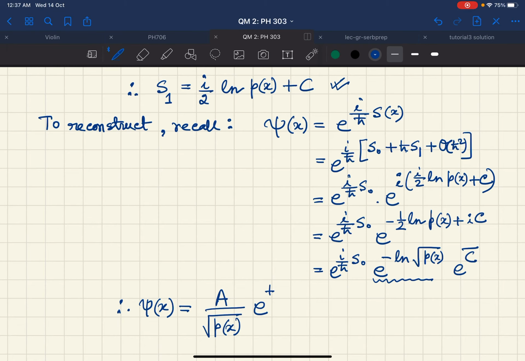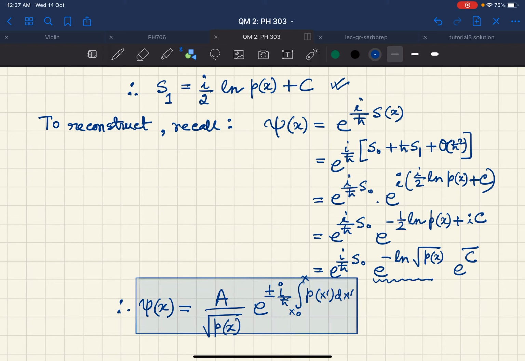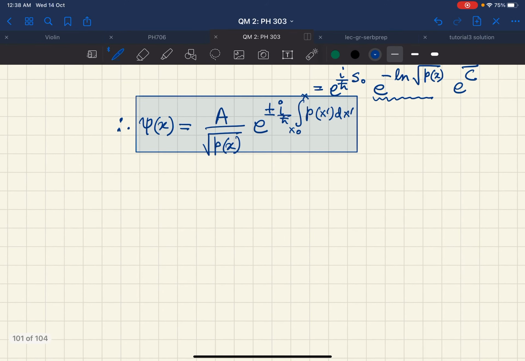So I will write it as plus minus i by h bar integral p(x') dx', integration from x0 to x. So this is what we have obtained after this much deliberation. This is the basic WKB, or JWKB, approximation.